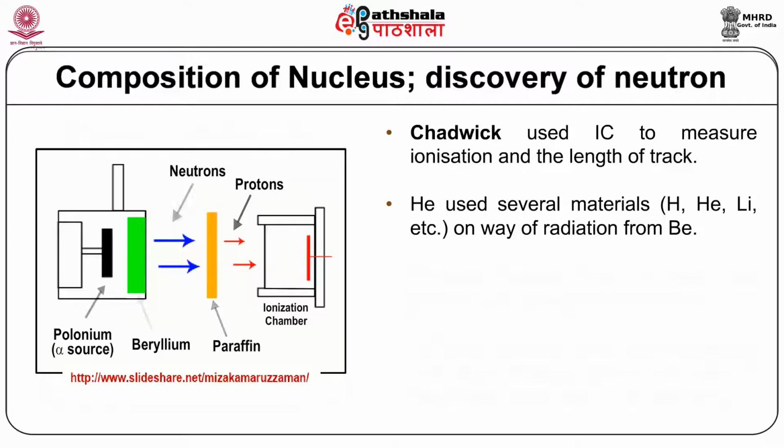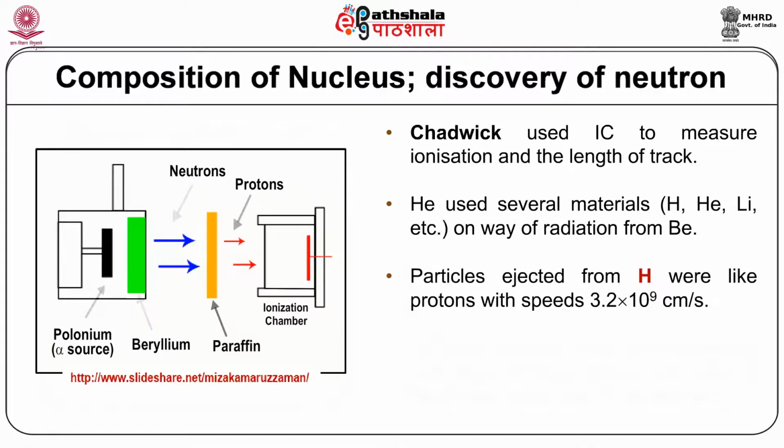So the first important difference between the earlier experiments and the Chadwick experiment is that Chadwick used an ionization chamber to measure ionization and the length of the track. Then he used several materials, hydrogen, helium, lithium, etc., in the way of the radiation from beryllium. So this was an important difference.